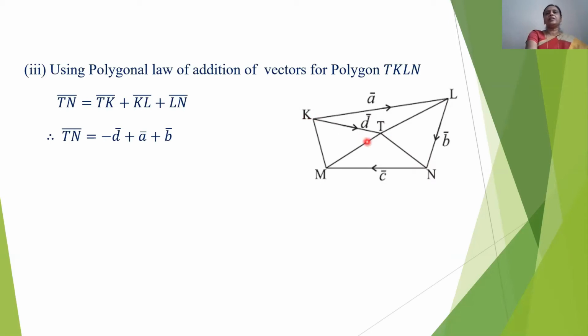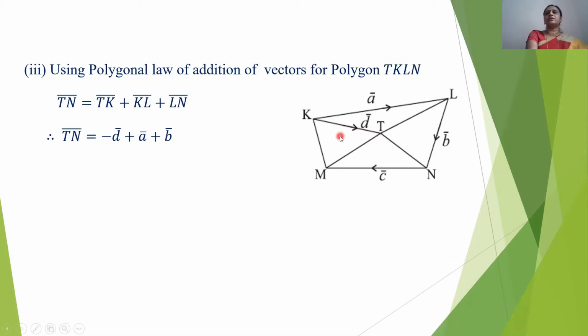Here KT is D bar, means direction of vector is from K to T, and we are writing here TK, means we are going from the point T to K, means we are going in opposite direction. Therefore, this vector will be minus D bar, means this KT and TK are negative vectors. They have same magnitude but direction opposite.